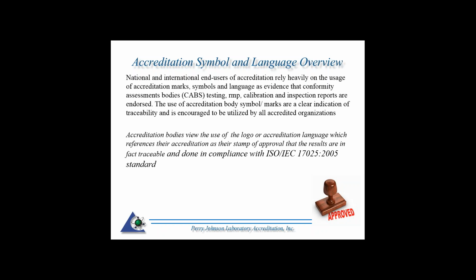That what's on that certificate is, of course, reference to what their scope of accreditation has encompassed, and it has in fact been assessed by that accrediting body, which is a mutually recognized third party.